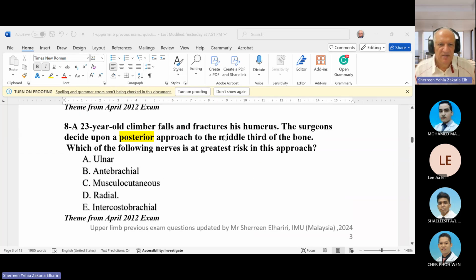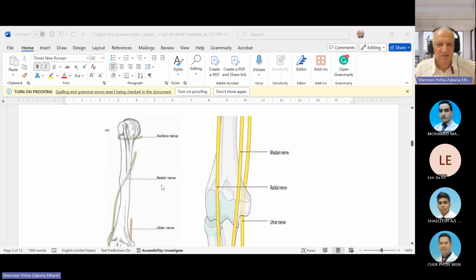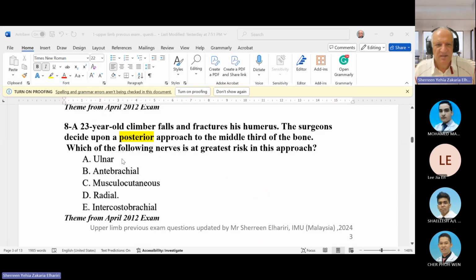So here, posterior approach. So the answer is, anyone? If you go posterior, you can find the radial nerve. So the nerve at great risk is the radial nerve.